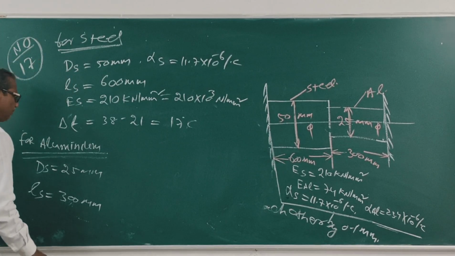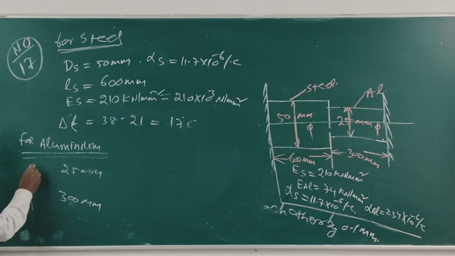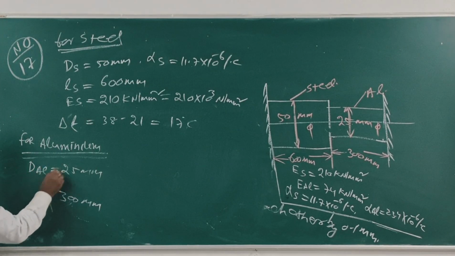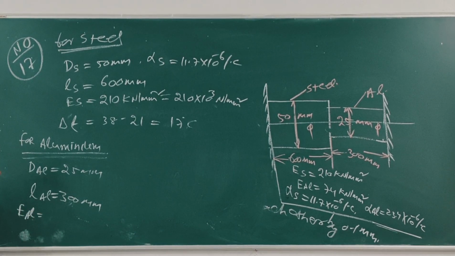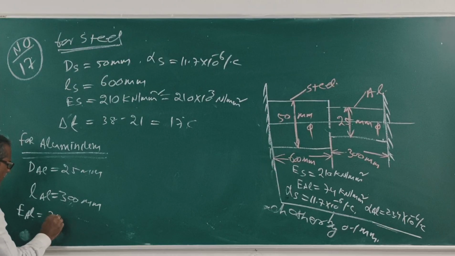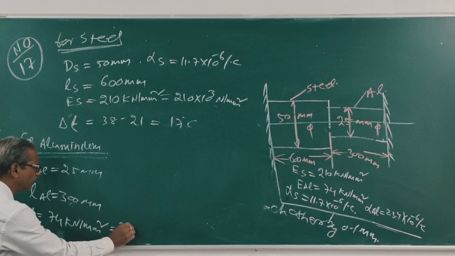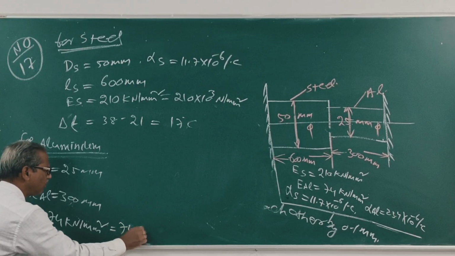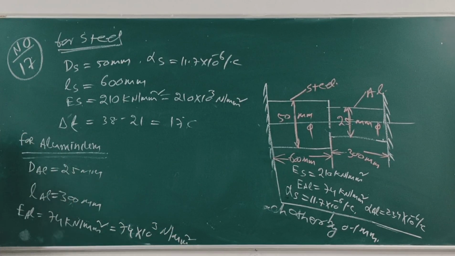Young's modulus, L and not S. L. Diameter D aluminum is equal to this. L aluminum is equal to this. E aluminum is 74 kilonewton per mm square, 74 into 10 to 3 Newton per mm square.